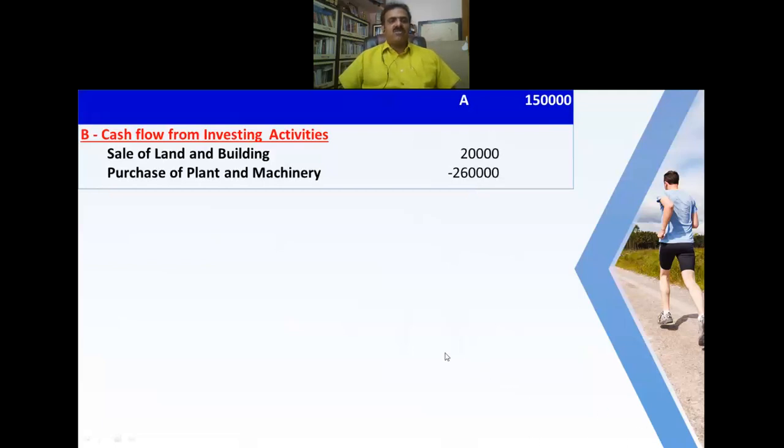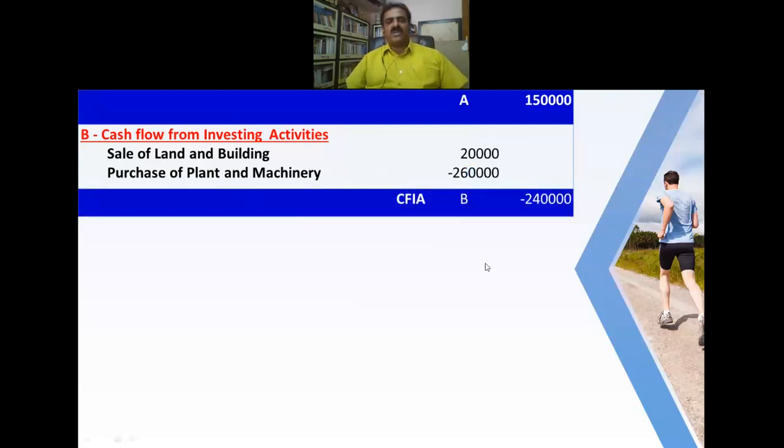All outflows are to be treated as minus, the sale inflows as plus. So plus 20 minus 260 comes to minus 240. This is called cash flow from investing activities. Operating activity 1,50,000, investing activity minus 2,40,000.